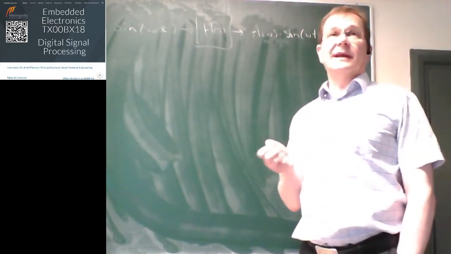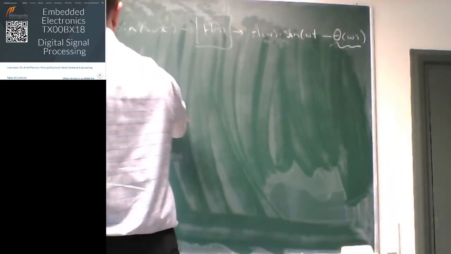In the digital domain, we can actually make perfectly linear phase shift systems, only in the digital domain.